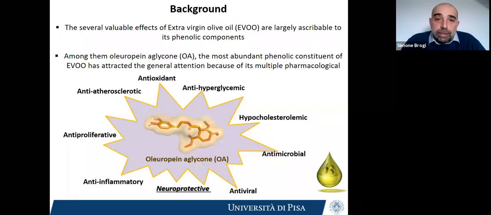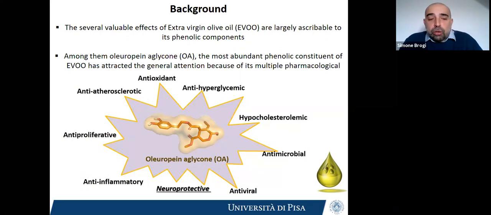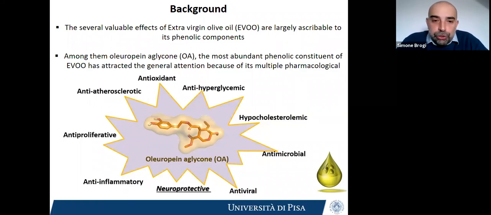Phenolic components that constitute the olive oil. Among the different phenolic components, oleuropein aglycone is the most abundant constituent and has attracted general attention since oleuropein aglycone shows an interesting multiple pharmacological effect, as highlighted in the picture.